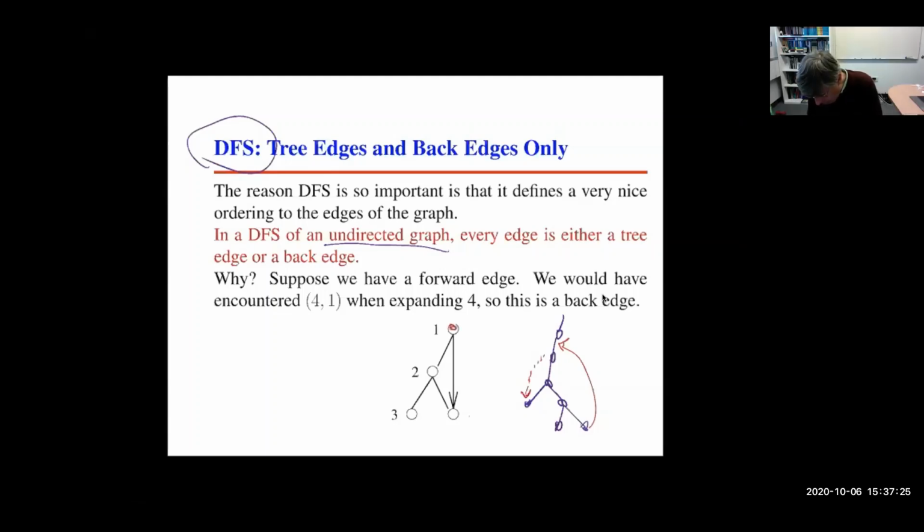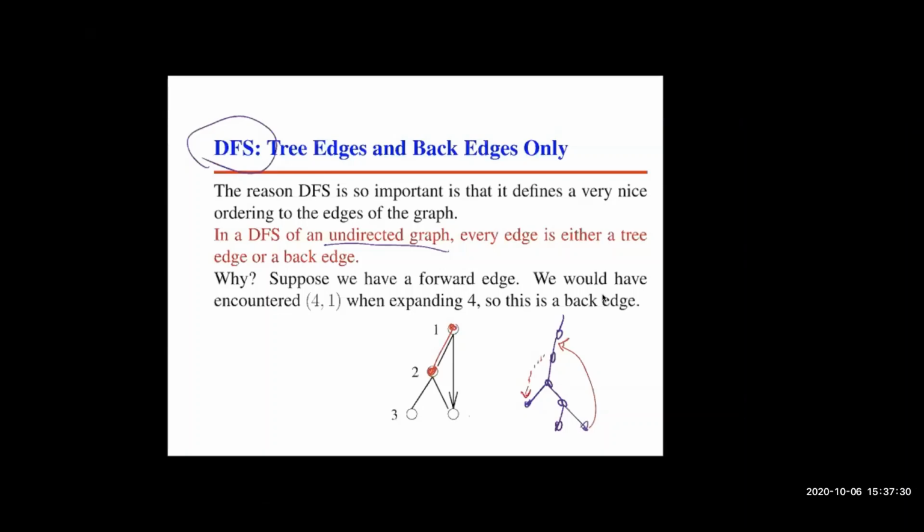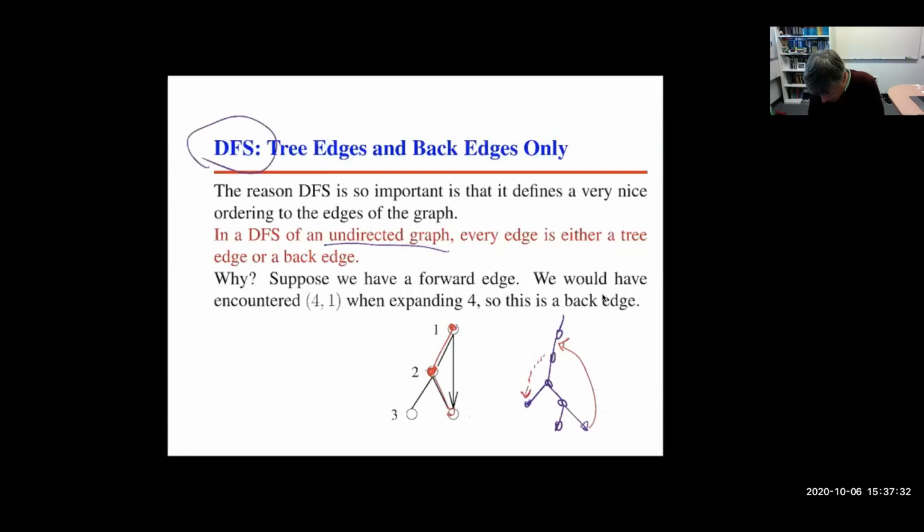Exactly. The moment I discovered 2, I'm out of there, right? And when I then discover 3, I'm going to process it, and the edge would be oriented that way. Because once I left this guy, I didn't get back to it until I had cleaned my stack out, right? So I can't have that kind of forward edge. No forward edge.